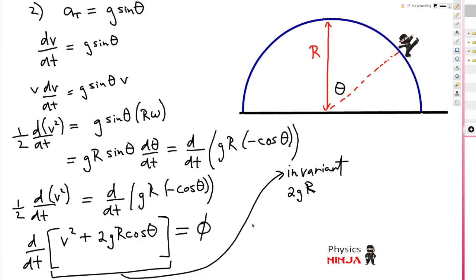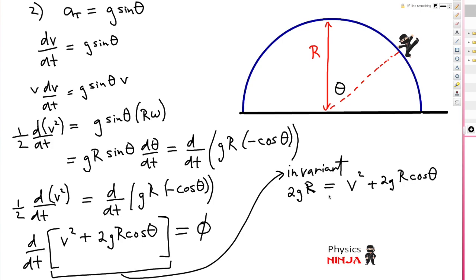Okay. What about now at the position where he's just about to slip off the roof? If you evaluate everything in the bracket at that position, we're going to have a v squared term plus 2gr cos theta.